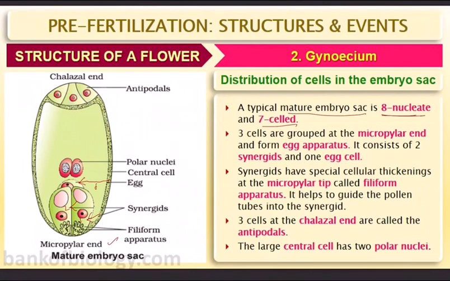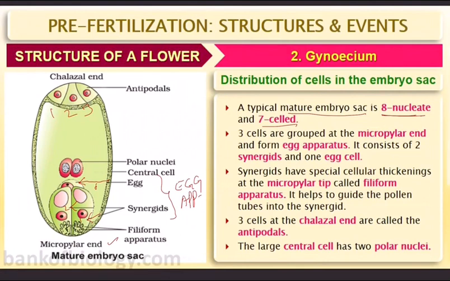And these are this one and this one. 1 and 2 synergids, 1 egg cell, and central polar nuclei, and then 3 antipodals, 1, 2, 3. And so 3 cells are grouped at the micropylar region and form the egg apparatus. This whole thing, synergids plus egg, is called the egg apparatus, right?